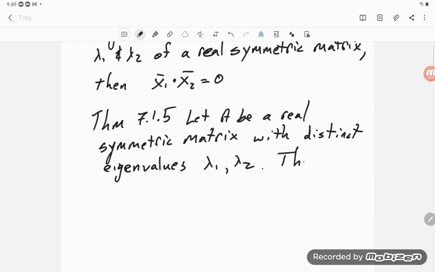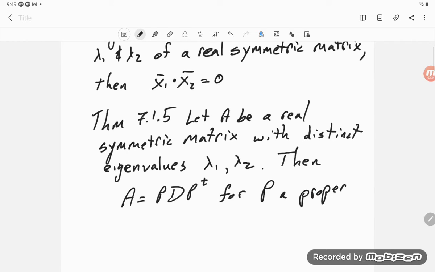Okay, then we can write A as P D P transpose for P a proper orthogonal matrix.